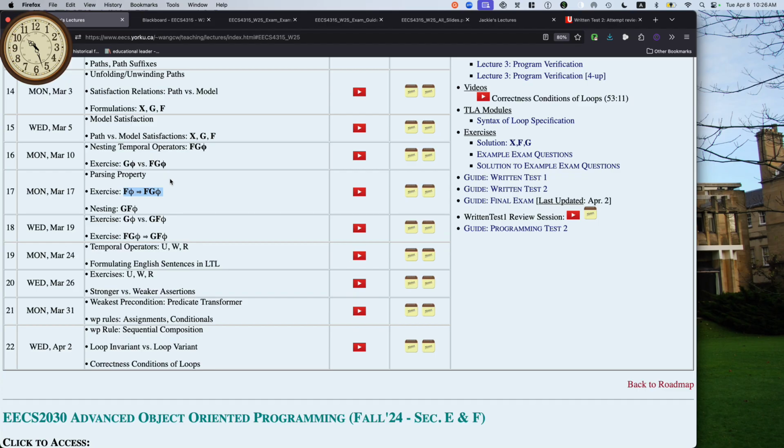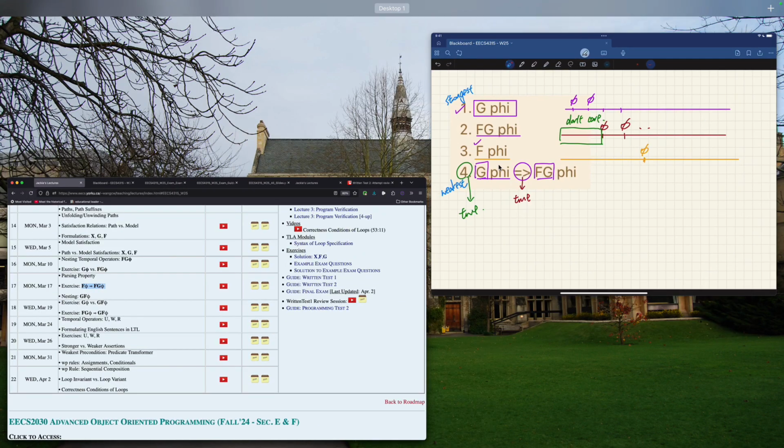What if the unary and binary operators are nested together, not just temporal ones? You mean the unary and binary nested together? I think the principle will be the same. You have to see the formulation for the operator. I don't really have any example off the top of my head. Let's see.